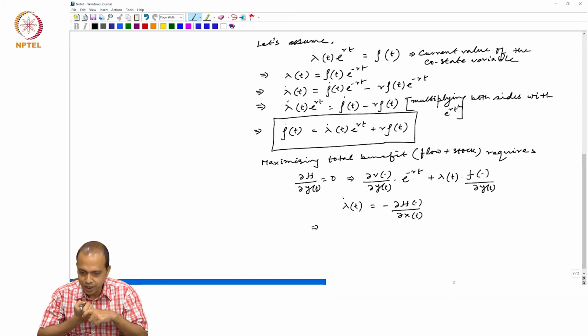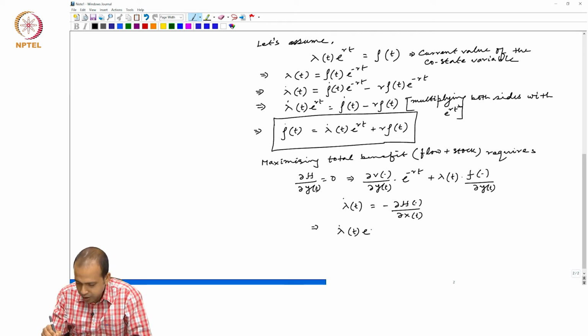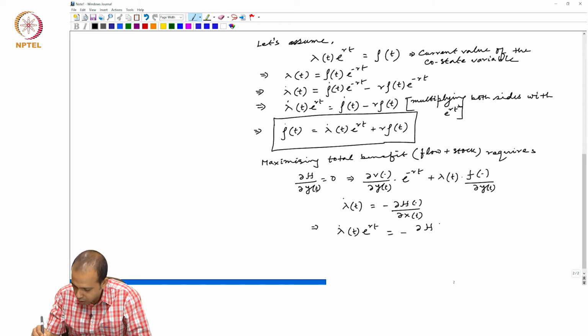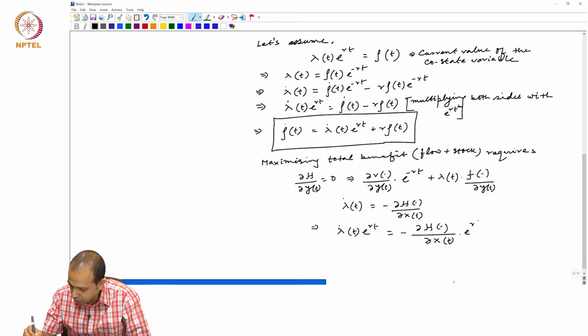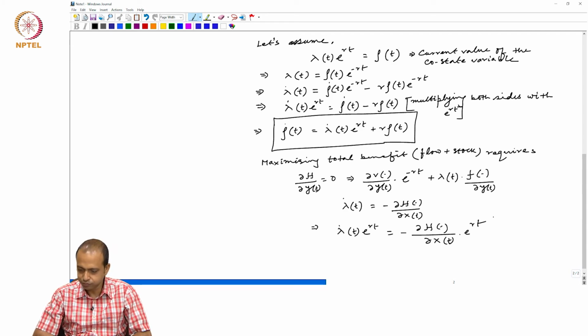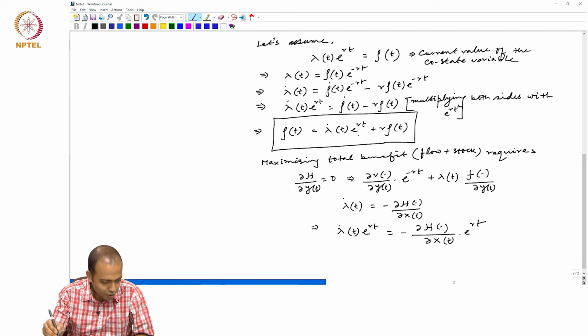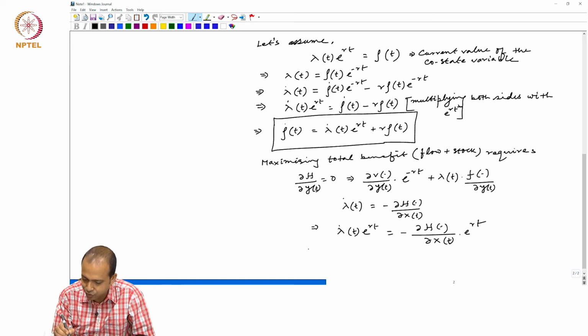So, this we got earlier, and then multiplying this with e to the power RT will give you minus delta del xt into e to the power RT. And this lambda dot t into e to the power RT is nothing but from here what we can get, rho dot t minus r into rho t.